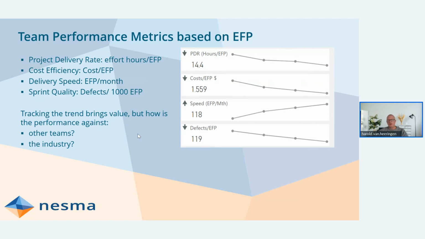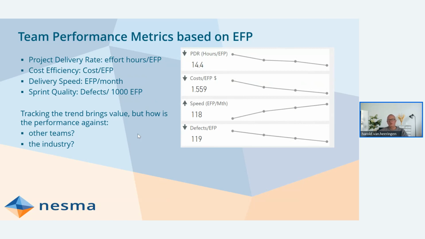And then, okay, you have some trend. This is interesting. So your PDR is going down, which is good, because the lower the PDR, the fewer hours are spent to deliver an EFP. So that's good. Costs are also going down, etc. So you see here a good trend in performance.